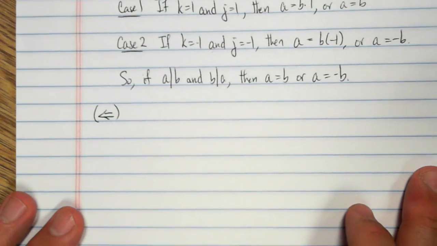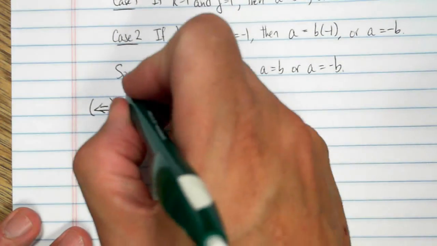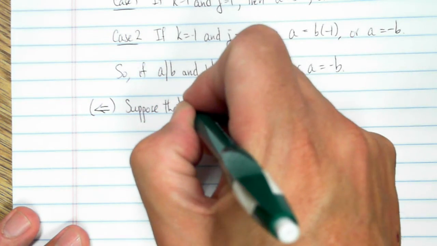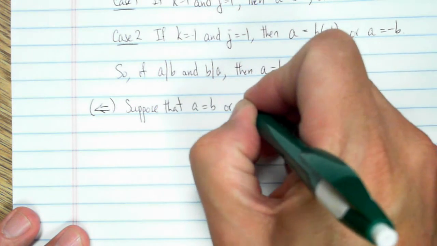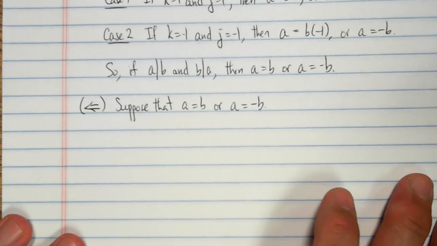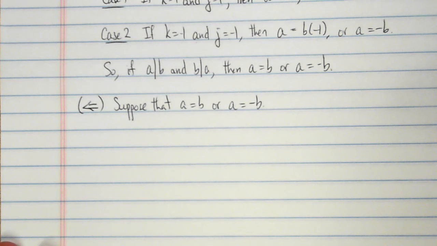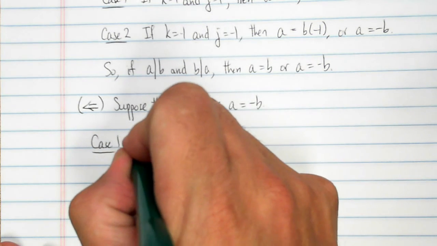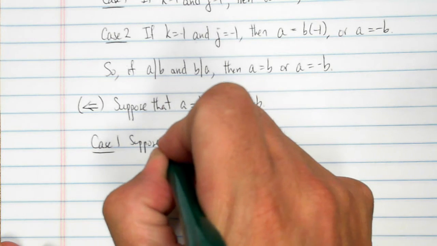So the other direction. Suppose that a equals b or a equals negative b. I must end by showing that a divides b and b divides a. Case 1. Well, clearly, suppose a equals b.